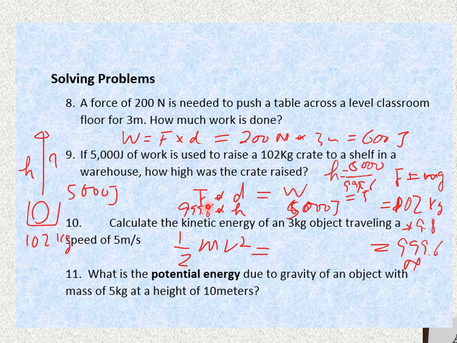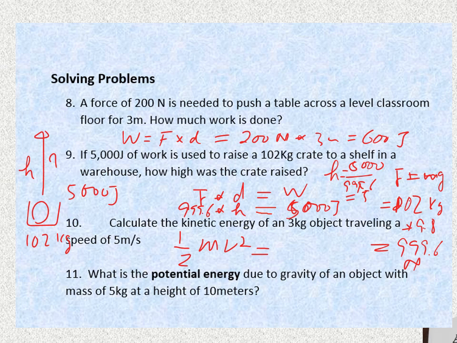Force we know, that's the gravitational force, and times the height equals 500 joules. So here's the equation, okay? Let me write it down here. So 999 times h equals 5,000.